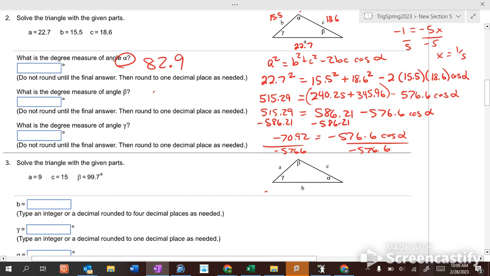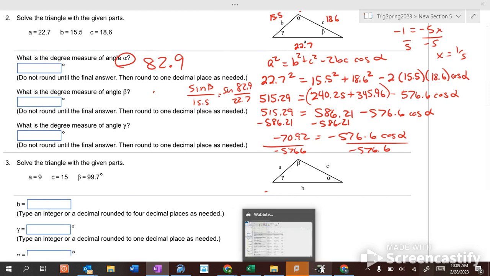Now, how do we get b? Well, that's just the law of sines. It's the sine of beta over 15.5 equals the sine of 82.9 over 22.7. So it's really fairly simple.